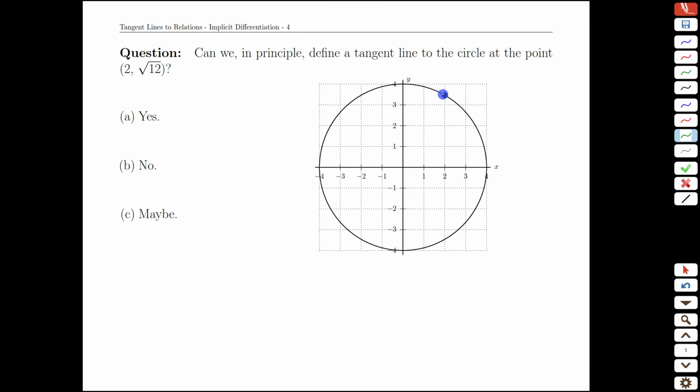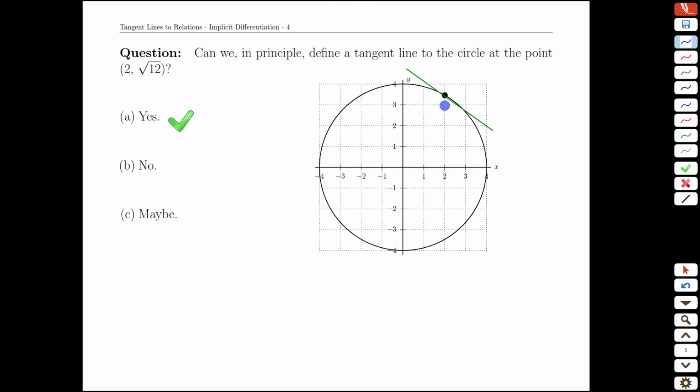All right. Well, if we look at this point, I think most of us would agree that if we draw a line like this, that would be the tangent line, up to some quibbles about how steep the slope is. But there certainly is a line that would exist that is tangent to this circle at that point. So absolutely, we should be able to create a tangent line at that point.